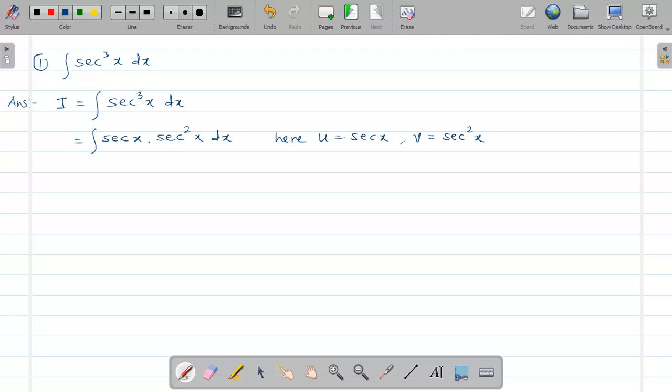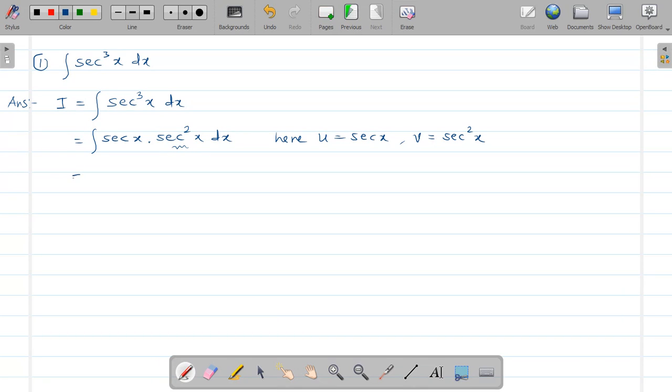That means we express sec cube x as a product of two functions, that is sec x into sec square x. It is very convenient to take sec square x as the second function, that means you consider it as v. So we will consider u as sec x and v as sec square x.